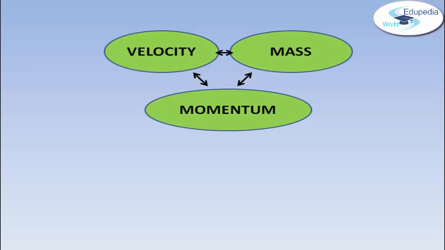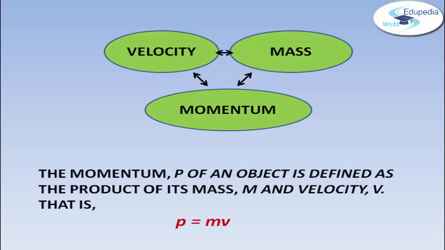So how are these two terms related? With these three terms we can define momentum. The momentum, small p of an object, is defined as the product of its mass, that is m, and its velocity, that is v. So we say p is equal to m into v. So momentum is mass into velocity.